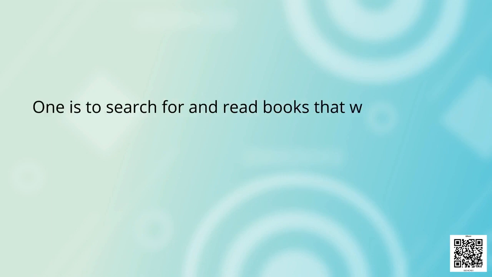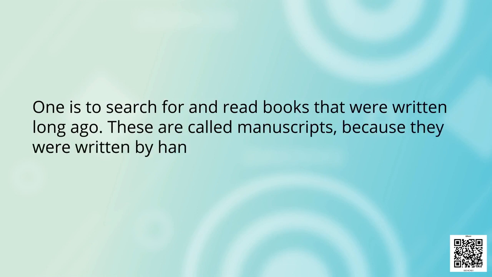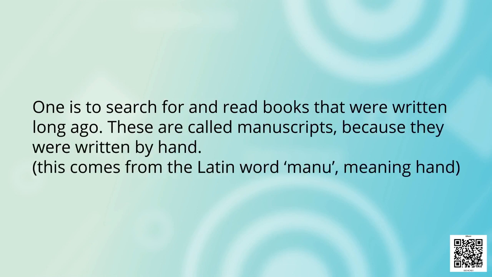Now let's see, how do we find our past? There are several ways of finding out our past. One is to search for and read books that were written long ago. These are called manuscripts because they were written by hand. This comes from the Latin word manu, meaning hand.